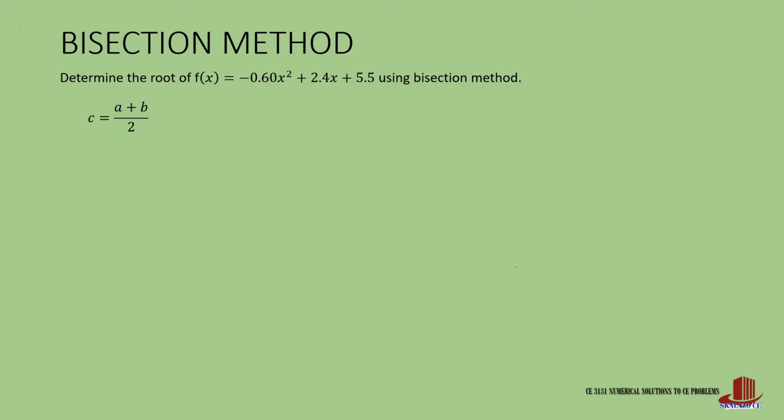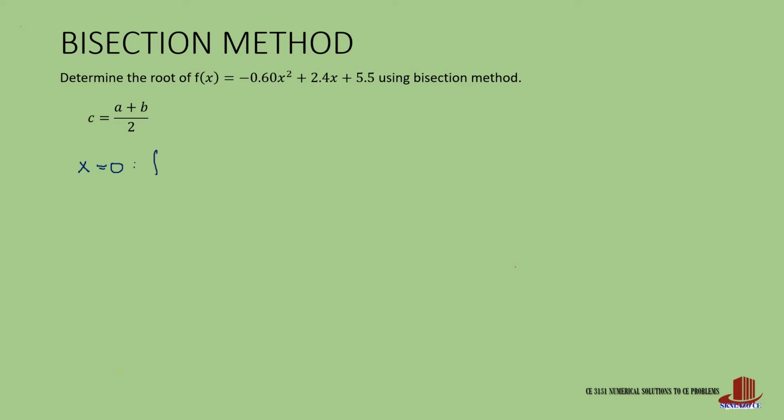Determine the root of the function f of x given as negative 0.60 x squared plus 2.4x plus 5.5 with the bisection method. With the same procedure, we are going to have our initial guess. Let's say x is equal to 0.